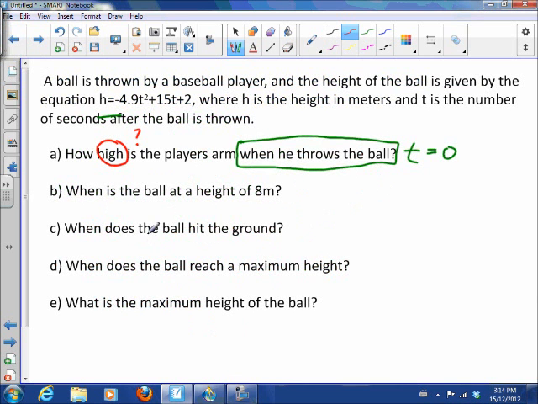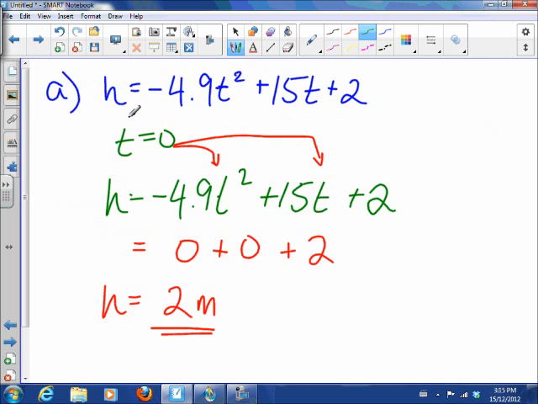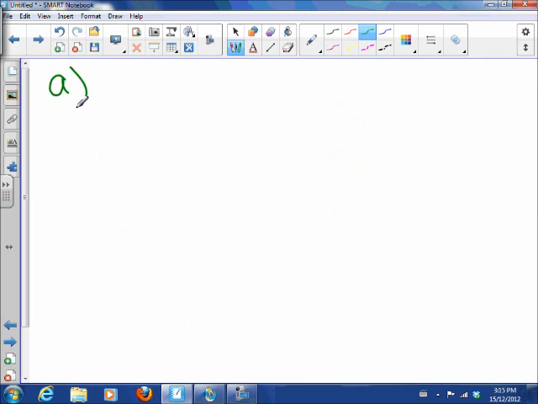Now let's look at the next one. When is the ball at a height of 8 meters? So the question is, what's the time? And the height of 8 meters is what we're told. The ball is at a height of 8 meters at a certain time. So we're going to rewrite our equation again.